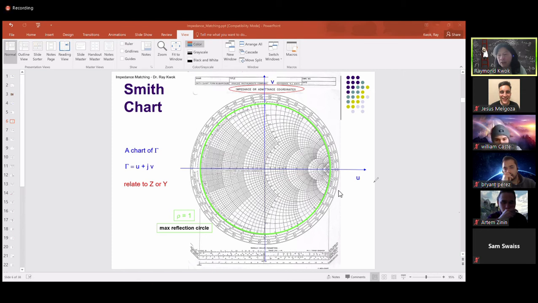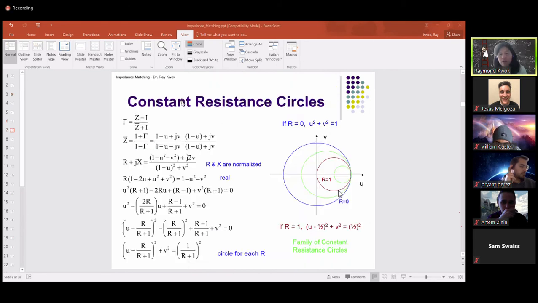Let's look at the next page. So let's look at a little math again. I promise you it won't be a lot. This is my reflection coefficient in terms of normalized impedance.